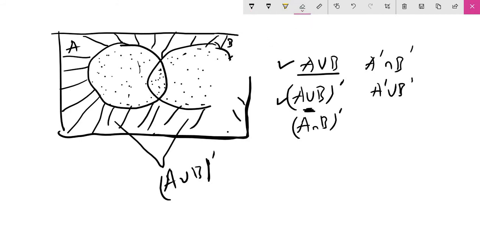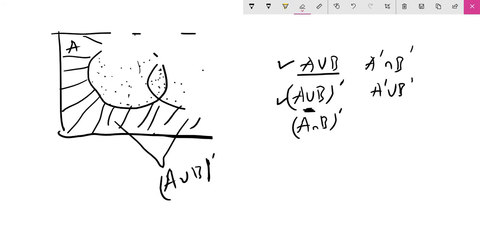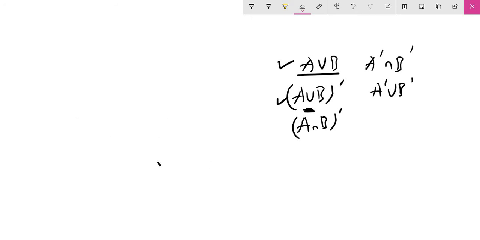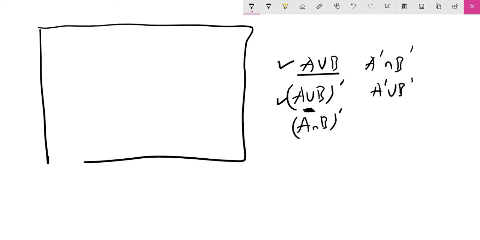So I'm going to clean it up again. Shame on me. Now we have this, and of course this is the universal set.